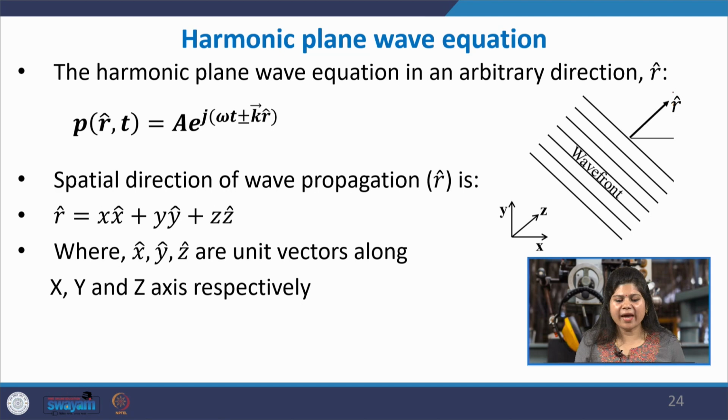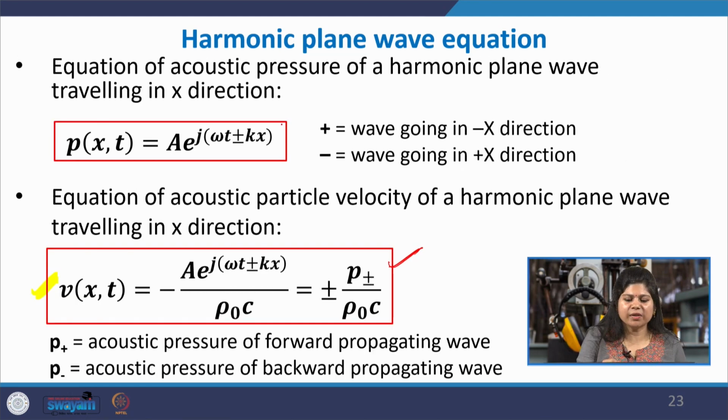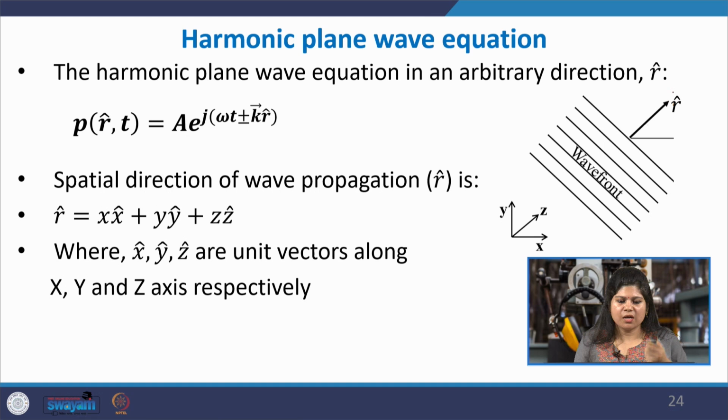Now, this was the solution when the plane wave was moving in the positive x direction or a negative x direction. Suppose instead of moving in just an x direction, in 3D it can be moving in any arbitrary direction, whose position vector we are representing as r. So, this r is the direction vector of the harmonic plane wave.